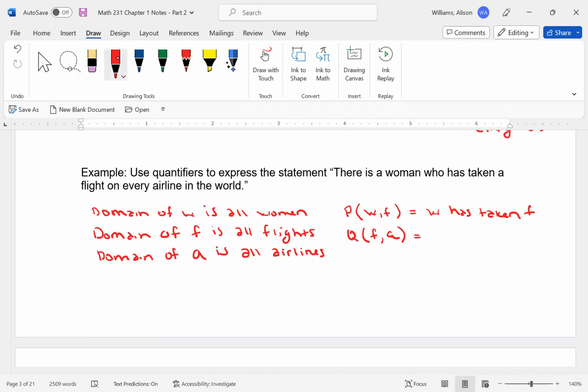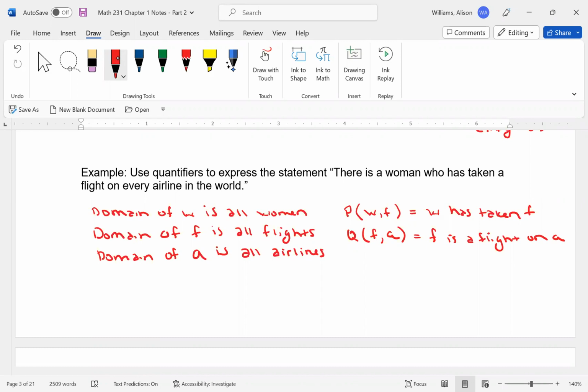So in this case, we're saying that F is a flight on that airline A, whatever it is, American Airlines, United, Spirit, I don't know if they exist anymore. Who knows? Okay, there we go. So we've gotten our three domains. We've created this language where we're talking about an actual person, in this case a woman that's been on a plane, and then we're talking about the planes and which airline they belong to.